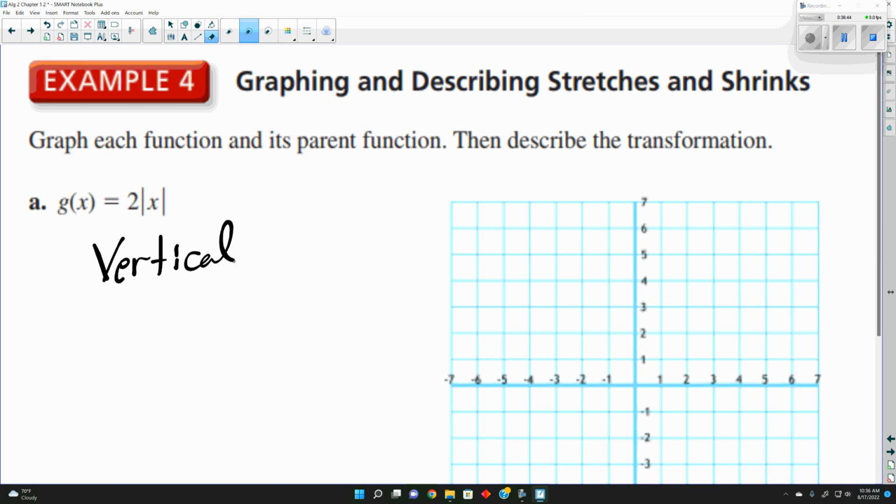Greater than 1. 2 is greater than 1, yes? So this would be a vertical stretch of, what's the value of A? So it's a vertical stretch of 2, because it's telling us how much the stretch is occurring. And that's it. Questions on this here?